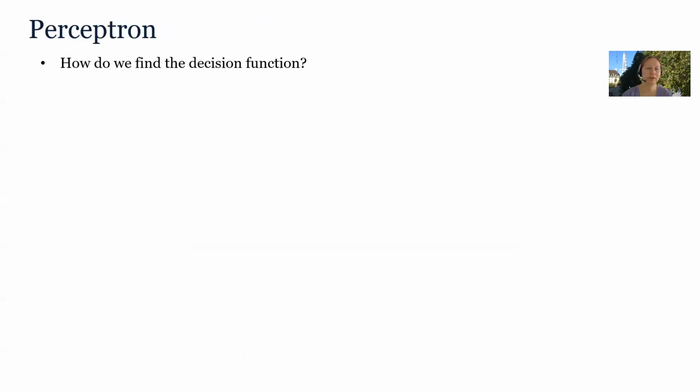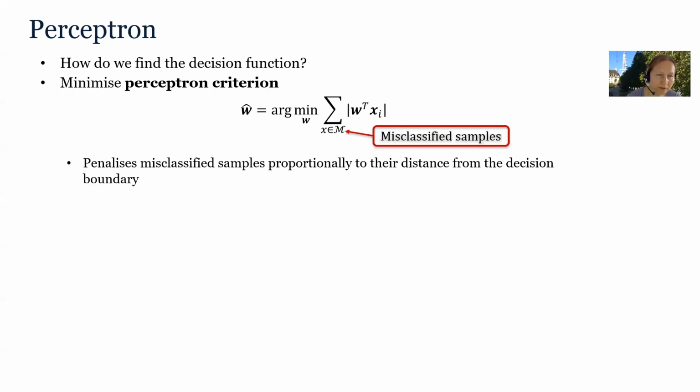So how do we find the decision function for our particular problem? There are several algorithms we could use, and we already know one of them, which is perceptron. To fit the perceptron model, we minimize the perceptron criterion. This criterion penalizes misclassified samples proportionally to their distance from the decision boundary.